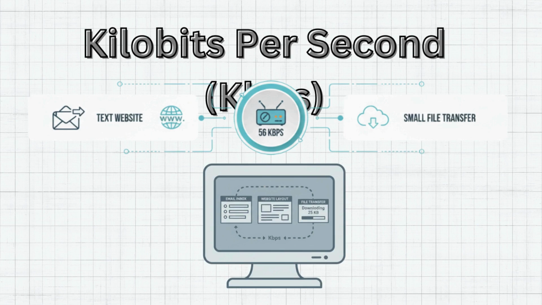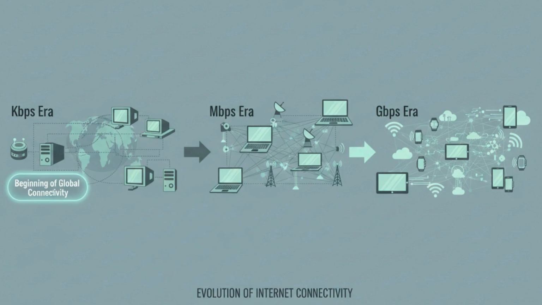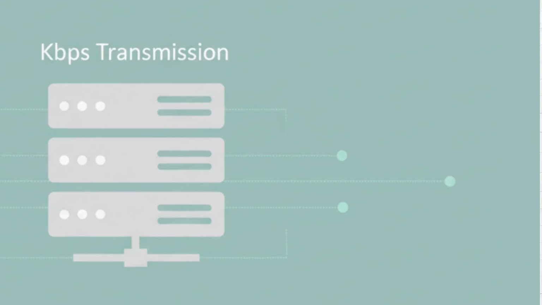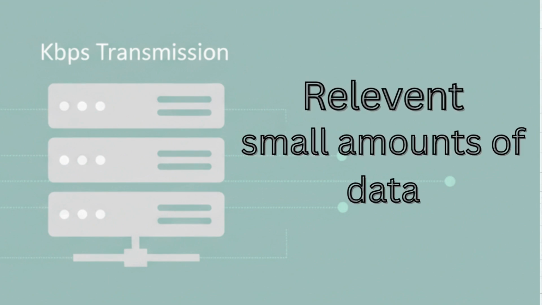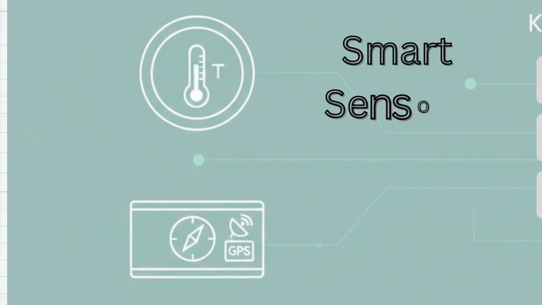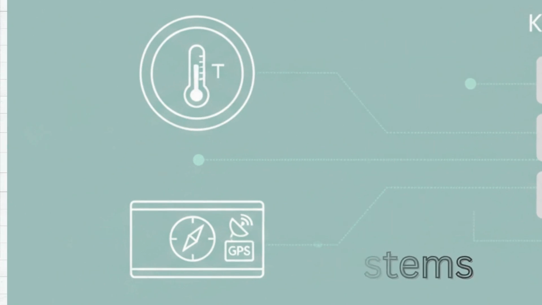While these speeds seem painfully slow today, they played a critical role in introducing digital connectivity to the world. Even now, kbps speeds are still relevant for devices that send very small amounts of data, such as smart sensors or tracking systems that don't require constant high-speed communication.